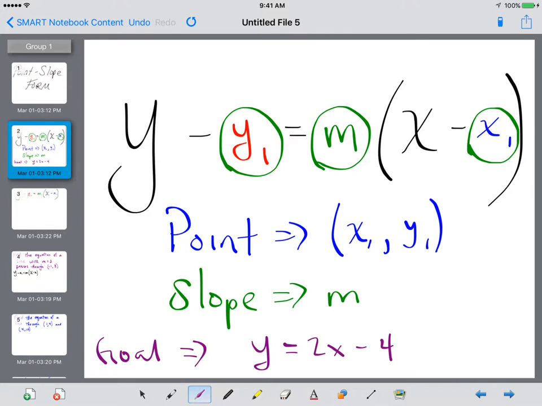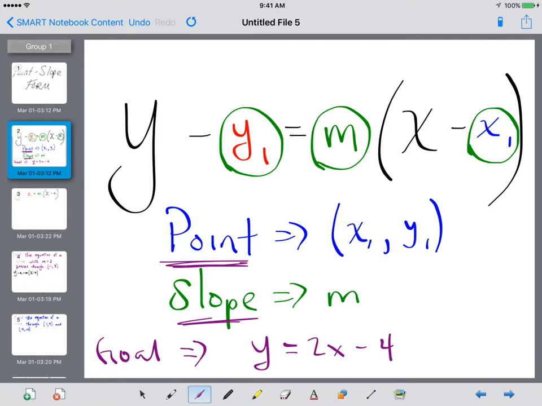Where it's in that slope-intercept form where you need a y and you need an x. So there aren't two different y's and x's involved in this problem. The y1 and x1 represent a point from the problem. The m represents a slope. Those are the numbers you plug in, and you simplify from there.